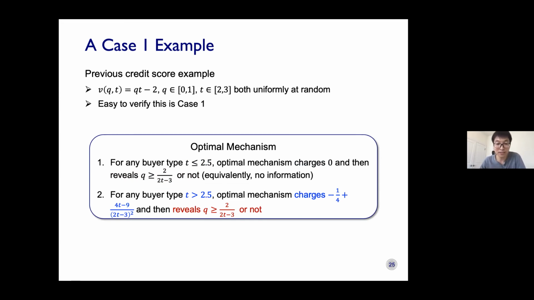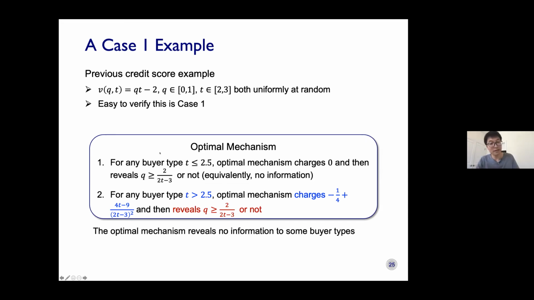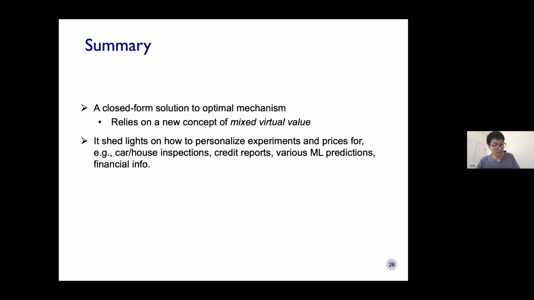But now you can see that this threshold will reveal non-trivial information to you because when T is greater than 2.5, this threshold is less than 1. So you will get an informative signal in this case. Just a quick note is that the optimal mechanism actually sometimes reveals no information to some buyer types.